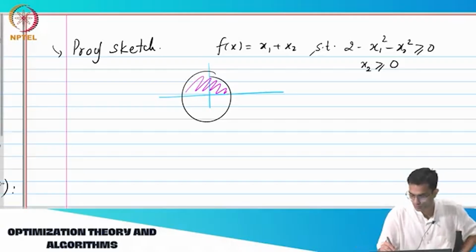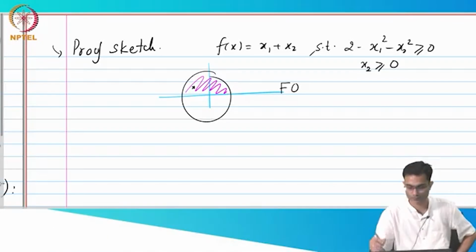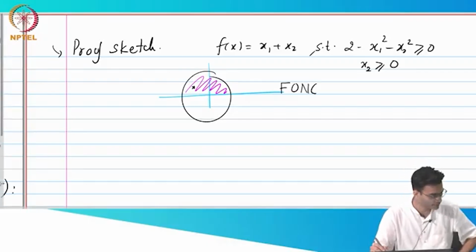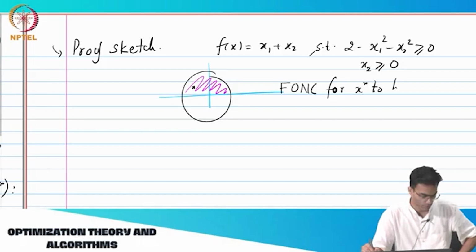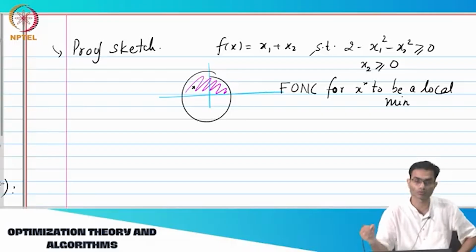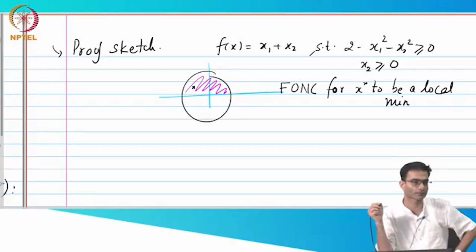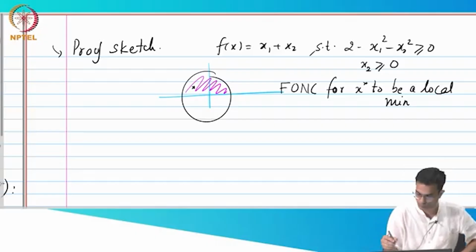And so what we want to check, if I give you some candidate point, are the first order necessary conditions for x star to be a local minimum. This is what we want to check. We will apply it to this example, and that will help us to formulate the proof.